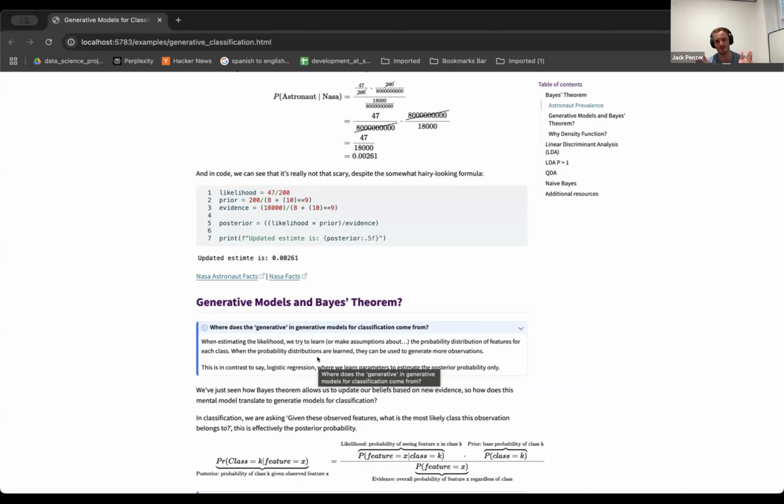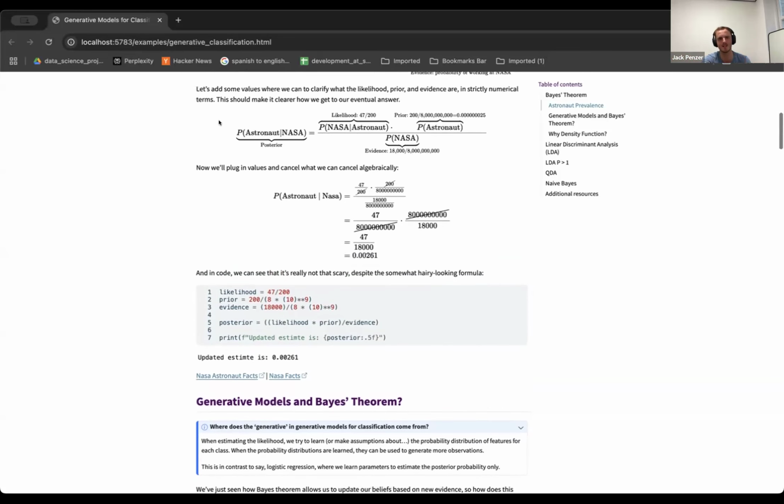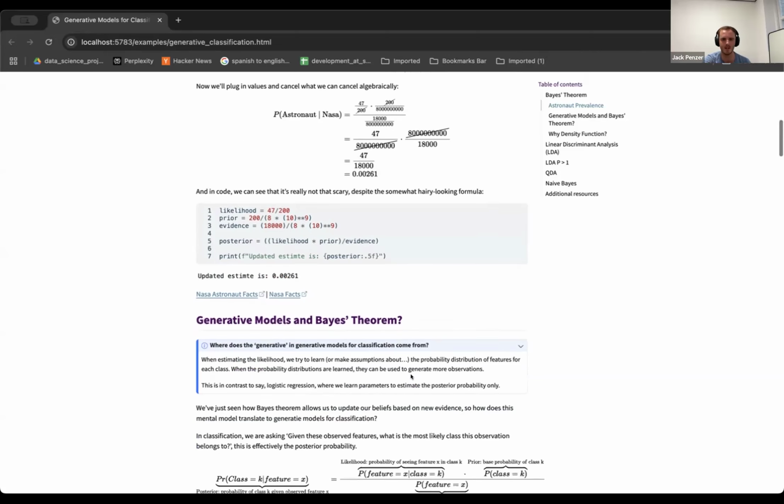And if you can estimate that probability distribution, then you can generate new data. And that's kind of it. In logistic regression, you're trying to figure out the posterior probability, not this probability term. And once you can learn that, or approximate that, that doesn't mean you can generate more samples. Whereas if you learn the probability distribution itself, you can generate more samples.